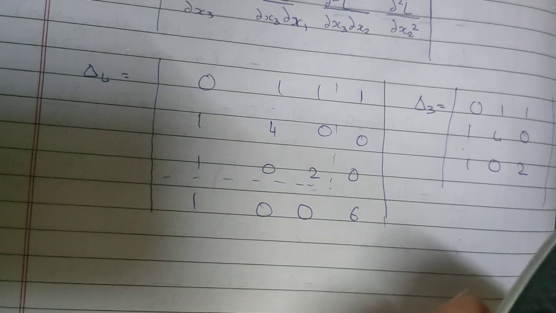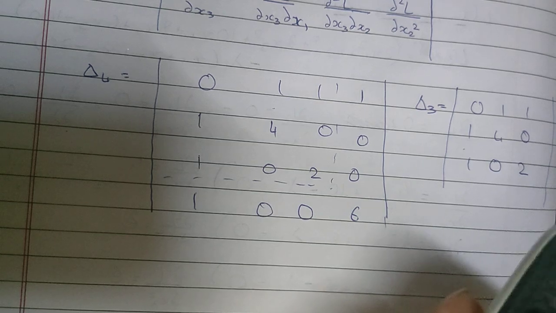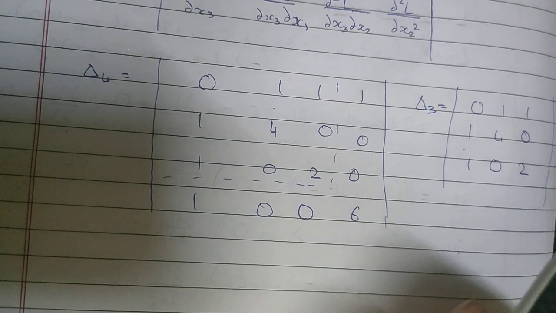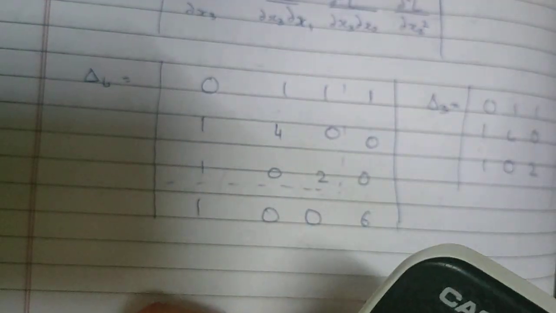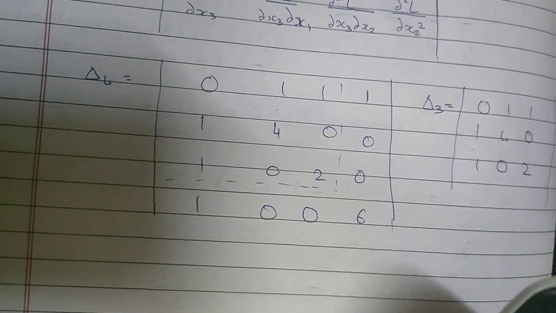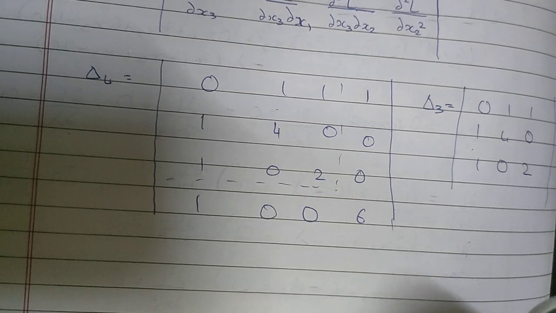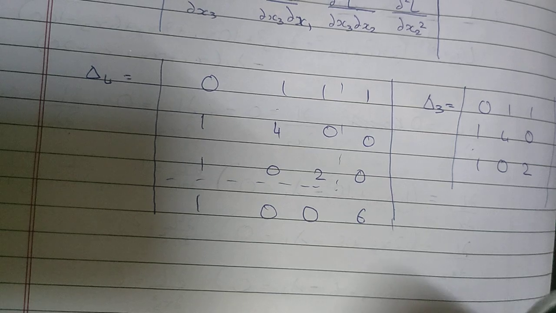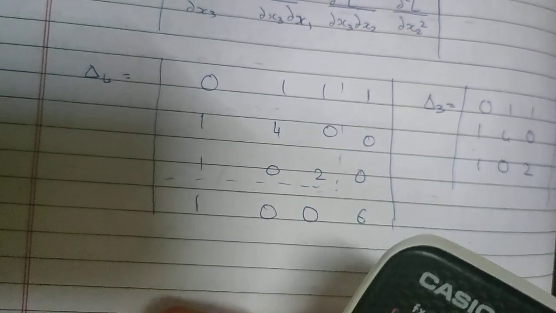Del 4 is a 4 cross 4 matrix. Yep, see, this is del 4 entered. Now entering del 3. This is our del 3 entered.